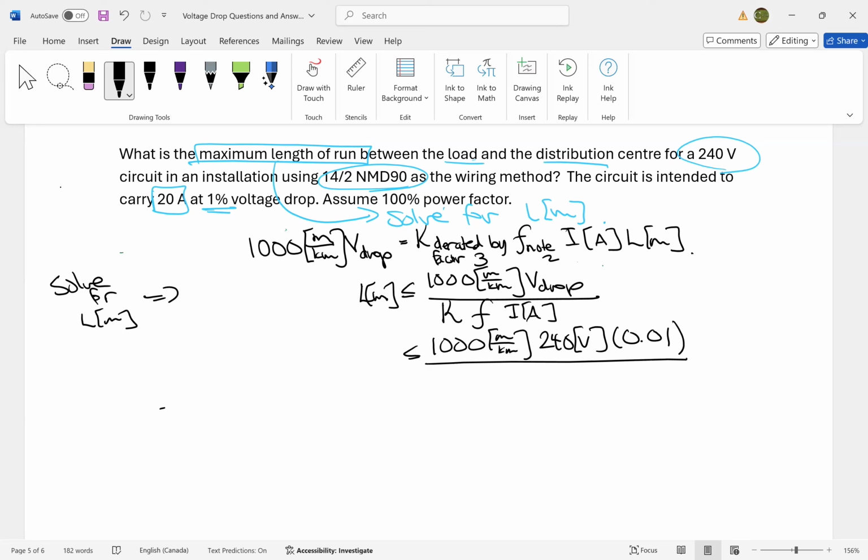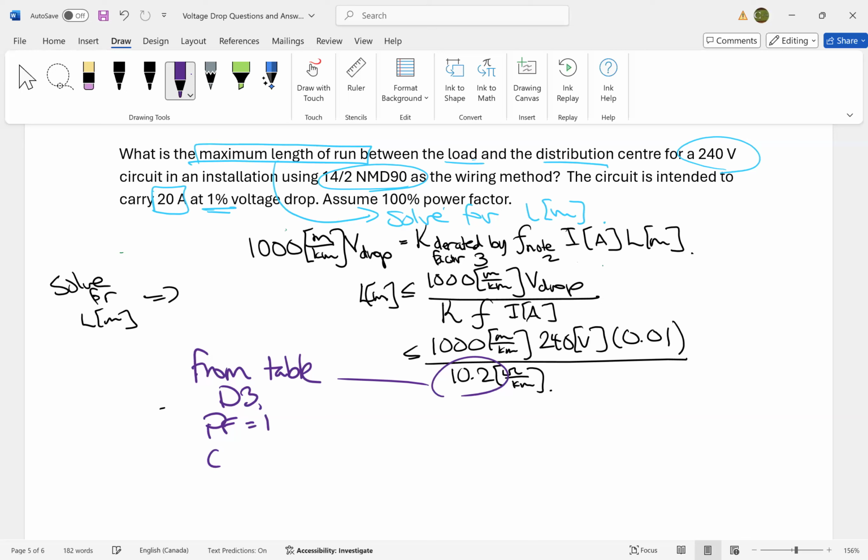K, if I look into table D3, then I see that the K factor is 10.2 ohms per kilometer if the power factor is 1 and we're assuming copper. Just so you know, this is from table D3, power factor equals 1, copper, and 75 degrees.